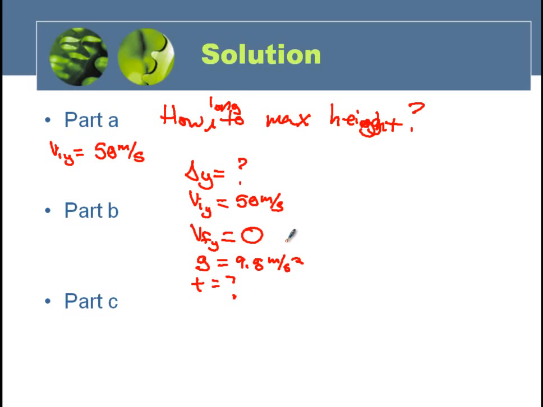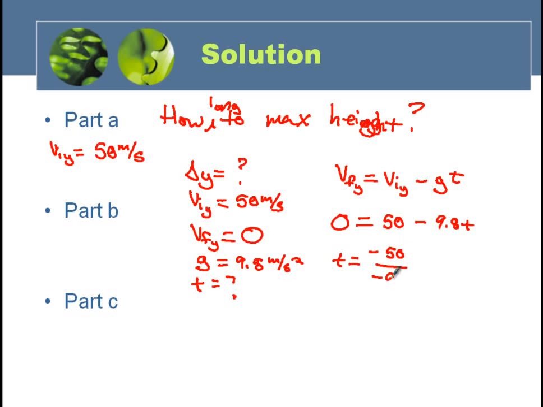So what equation are we going to use for this? We can use this equation, VFY equals VIY minus gt. So our final velocity in the y is 0. Initial is 50 minus 9.8 t. We solve this for t. You get t equals negative 50 divided by negative 9.8, which is roughly 5 seconds.